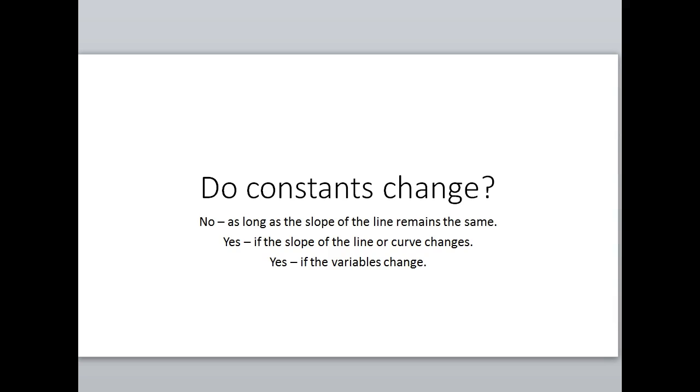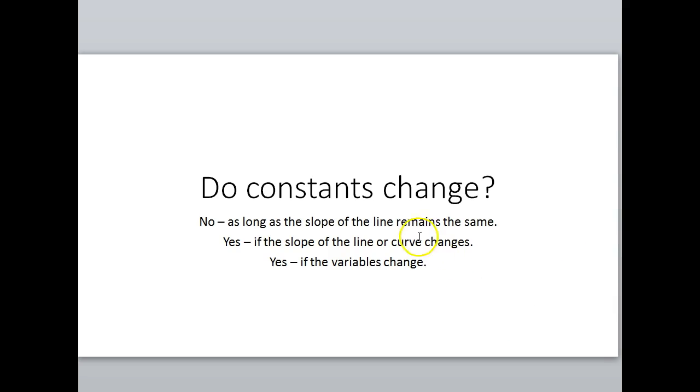Do constants change? Yes, if the variables change. In other words, if we're dealing with x and y and the slopes are the same angle. And by the way, when we talk about gradient, we're also talking about the angle. So if the slope has a steep angle, then the constant is going to be high.